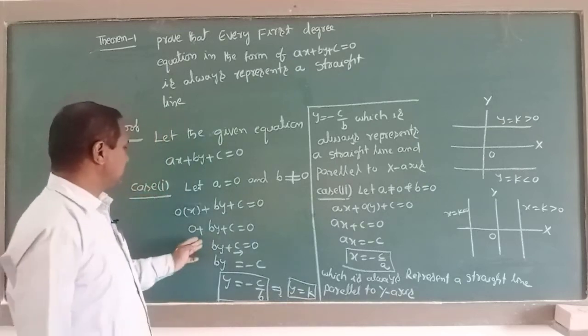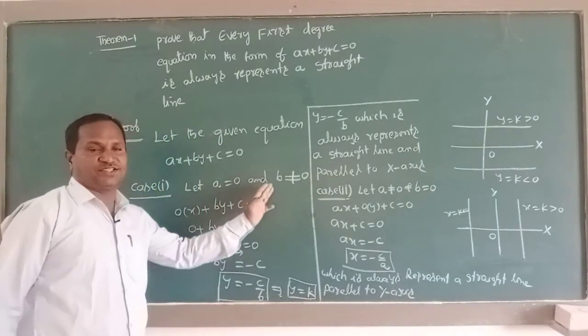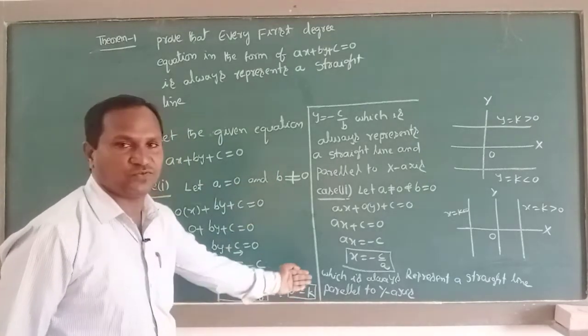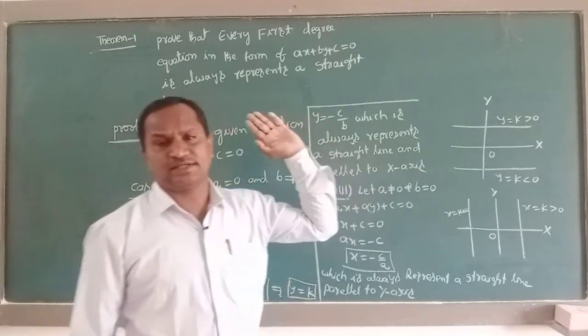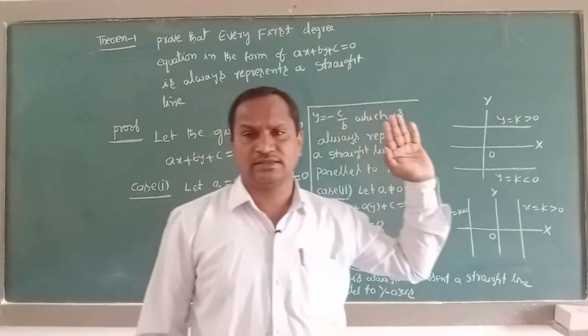Case 1 is if a is 0 and b is not equal to 0, we got the y is equal to k form. That also represents a straight line parallel to the x axis.